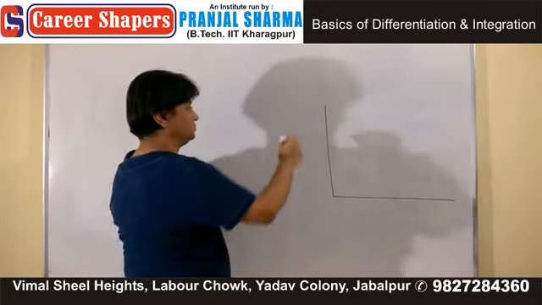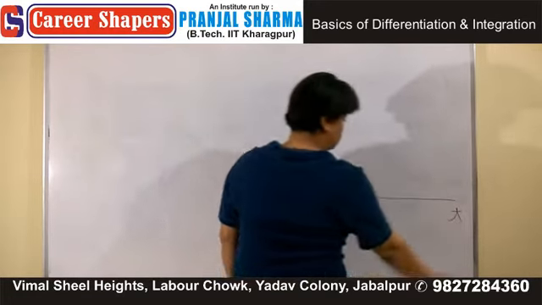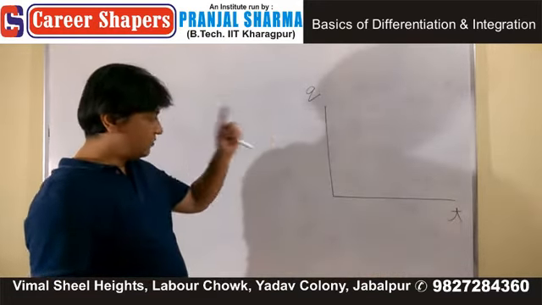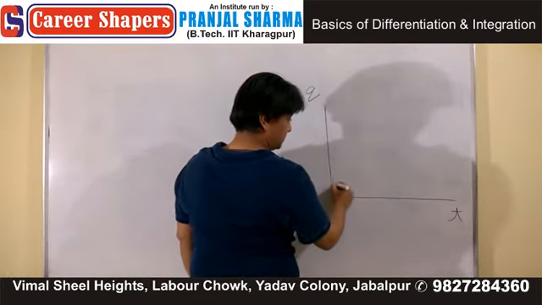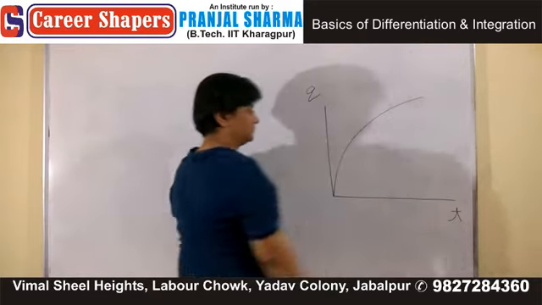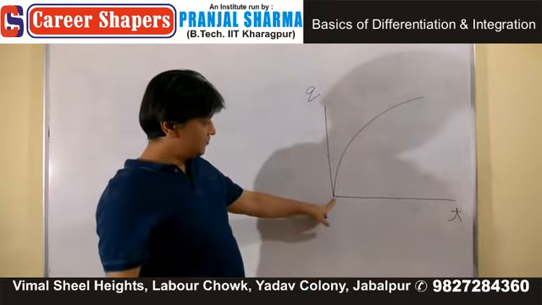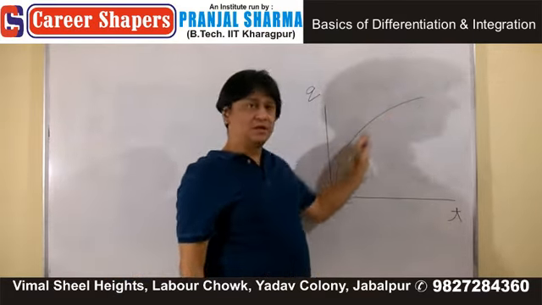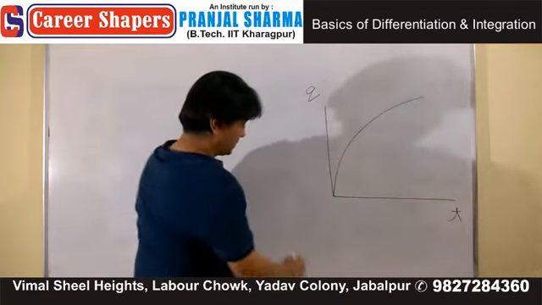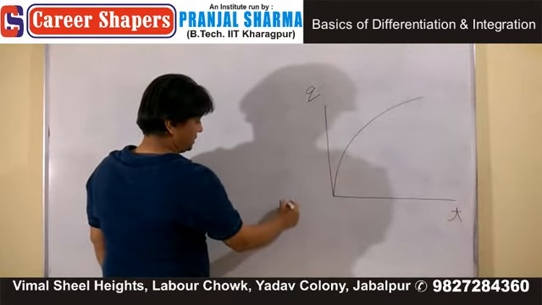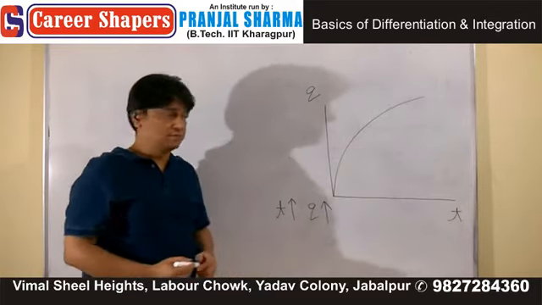Suppose I give you charge q as a function of time t, and a graph of q versus t is given in this form. This is the graph. Beginning from this, you can see that as t increases, q increases.